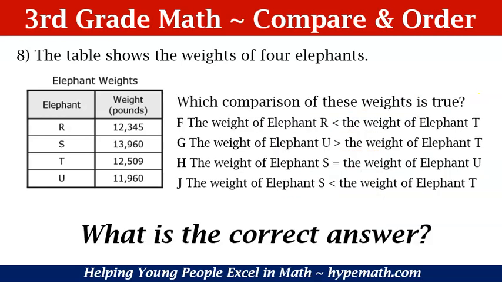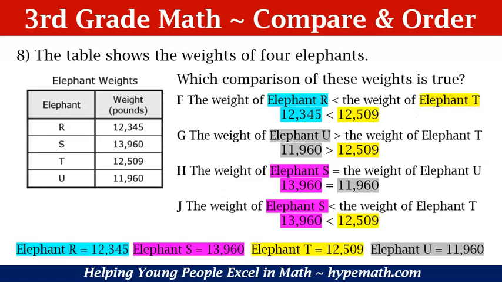What is the correct answer? So let's look one more time at our comparisons, okay? F is 12,345 less than 12,509. G is 11,960 greater than 12,509.